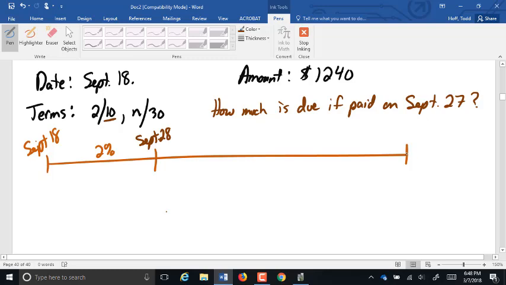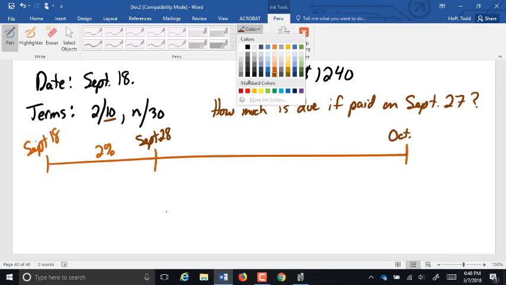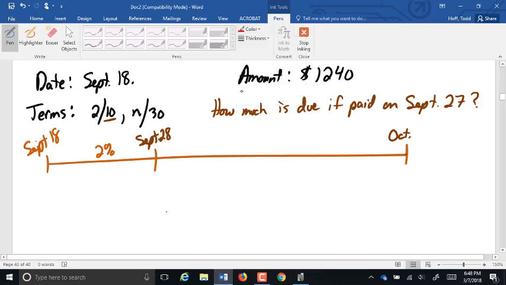The end of our credit period is going to be October. If we need to look up the dates, we can. September 18th is 261. Plus 30 would be 291. 291 is going to be October 18th.